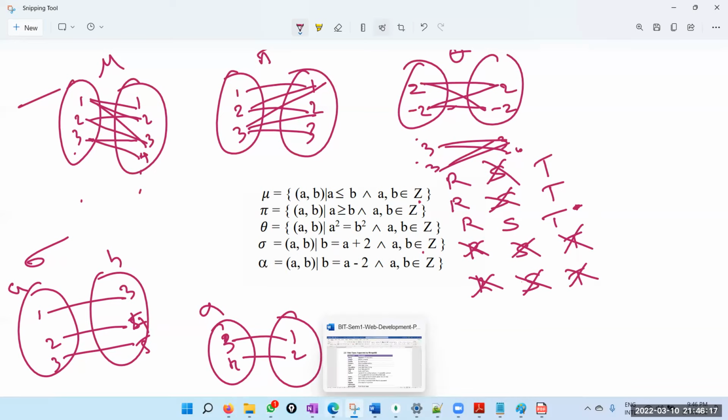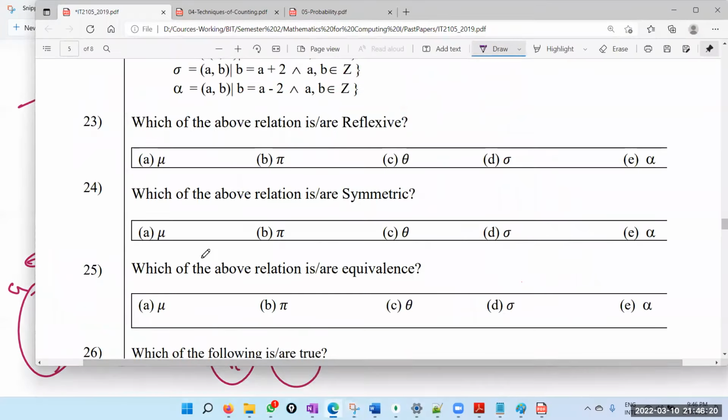Right. So let's look at the answers. Which of the above relations are reflexive? What are the answers?